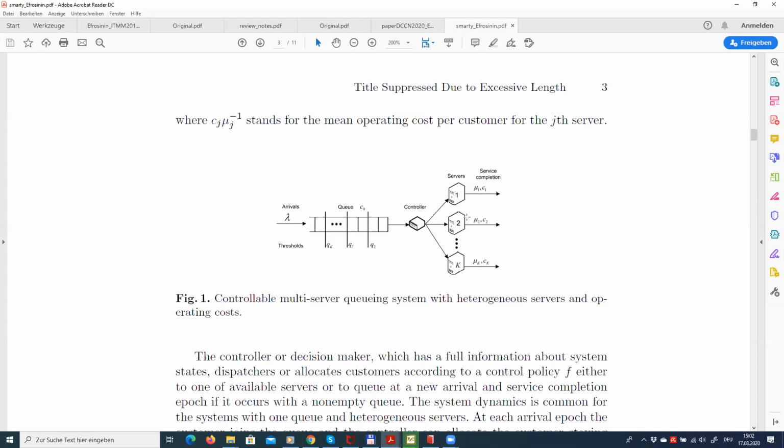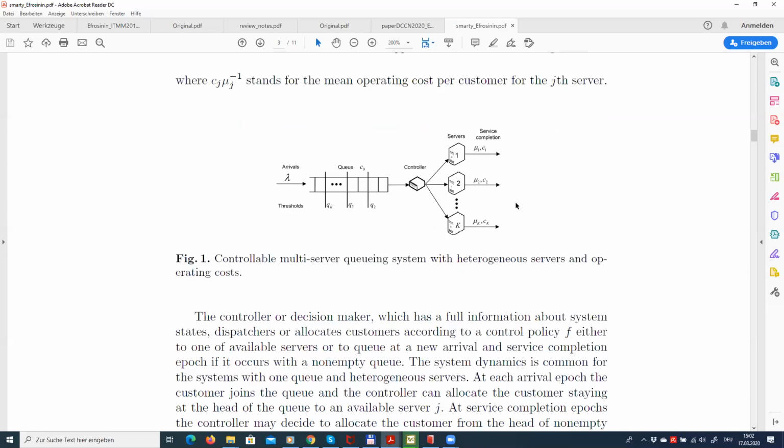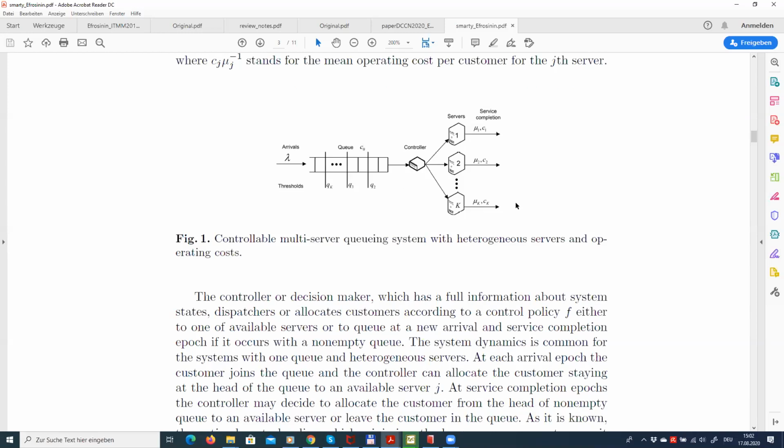Additionally, we have a holding cost that also influences this allocation discipline. In our previous work, we have shown that in this case, the optimal policy must be of threshold type.